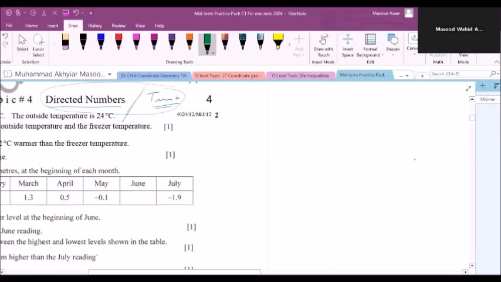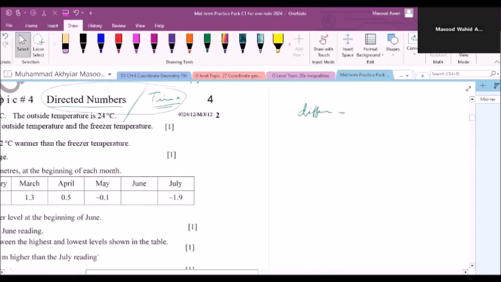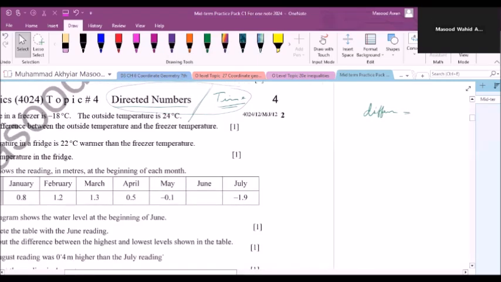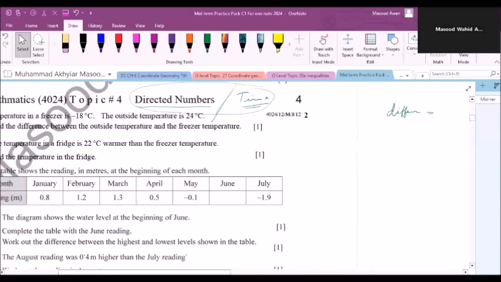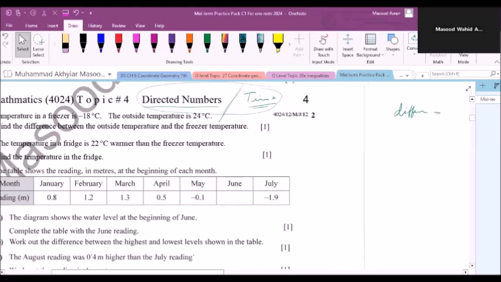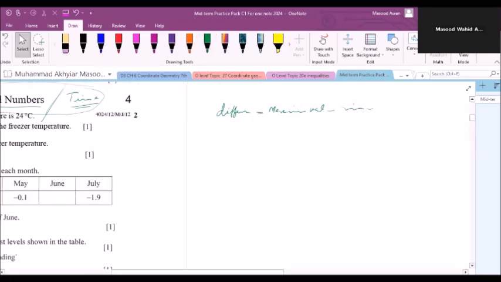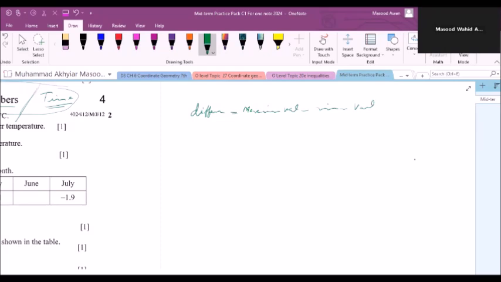if you want to find out the difference between two values, this is the way to find out: the maximum value minus the minimum value, or the highest value minus the lowest value.